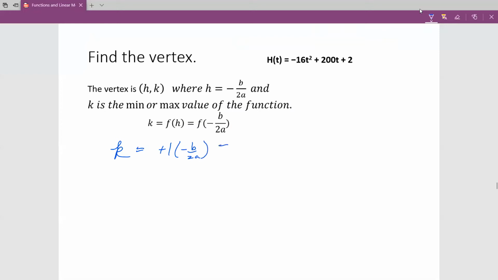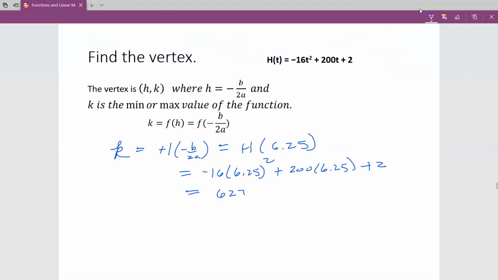It's going to be h at 6.25, which is equal to -16 times 6.25 squared plus 200 times 6.25 plus 2, which equals 627 feet.